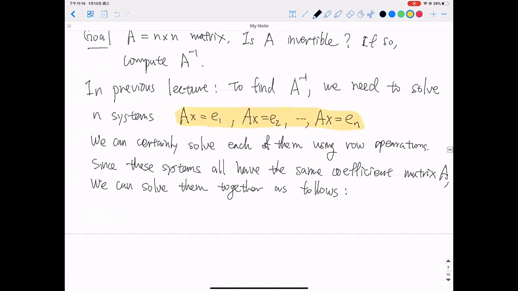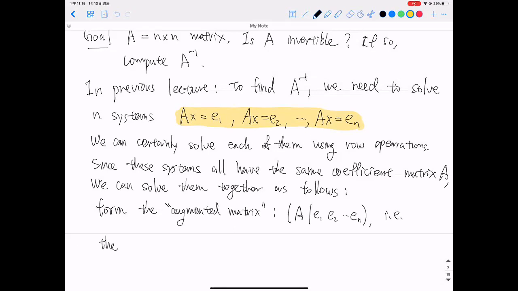So first of all, you form the, well, still call it augmented matrix maybe. In the sense that you form the augmented matrix for all the systems together, where on one side you have A, on the other side you have the columns E1, E2 through En.